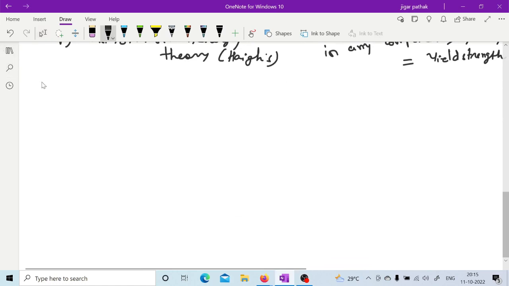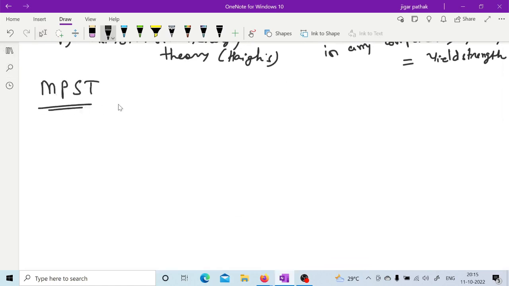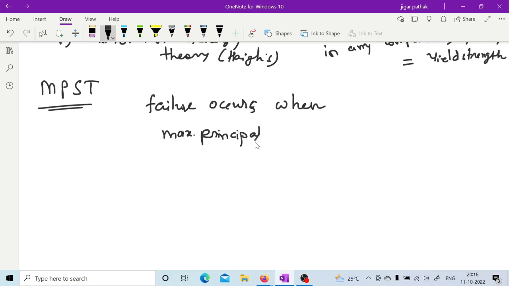Before that, what the maximum principal stress theory says is: failure is going to occur when the maximum principal stress reaches or is greater than the yield or ultimate tensile strength, as we have discussed.